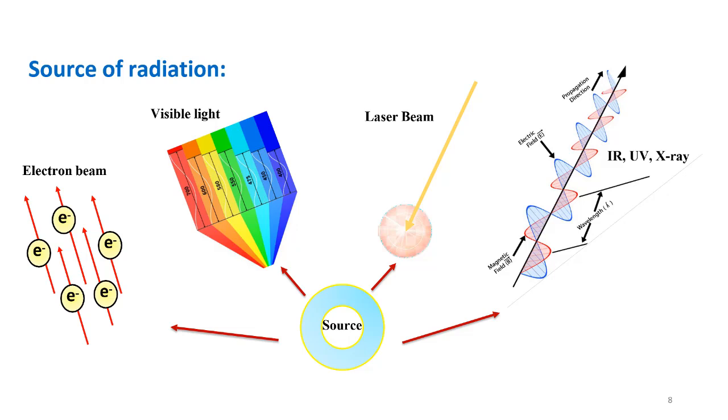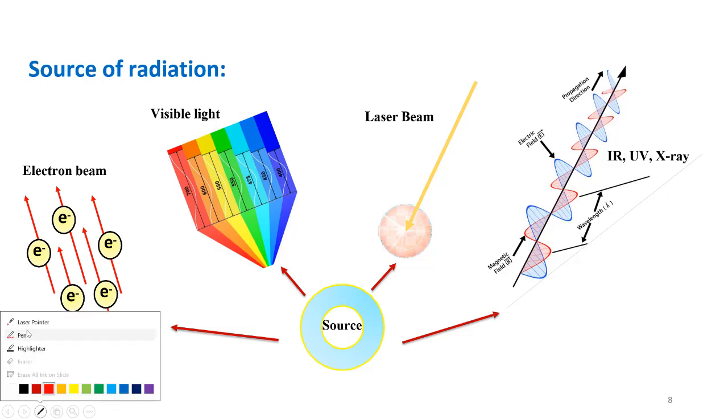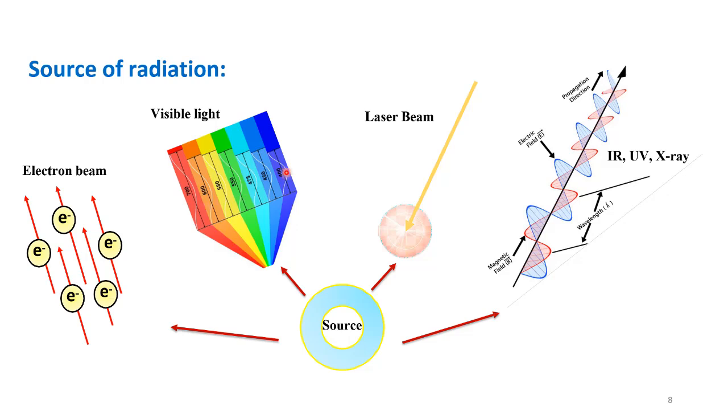Starting with the source of radiation. First is the visible light, and it has a wide range of wavelengths, as we know, the VIBGYOR. So the different colors or wavelengths of light are present in our visible light. Then we have the laser beam, which is a very focused light source.